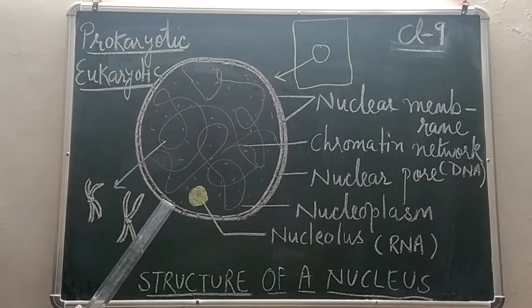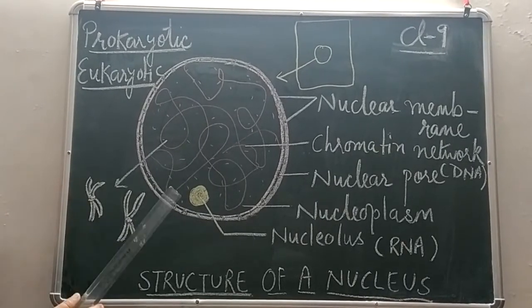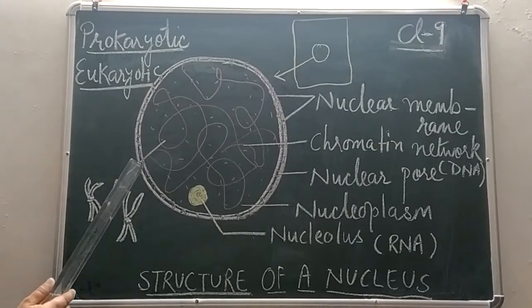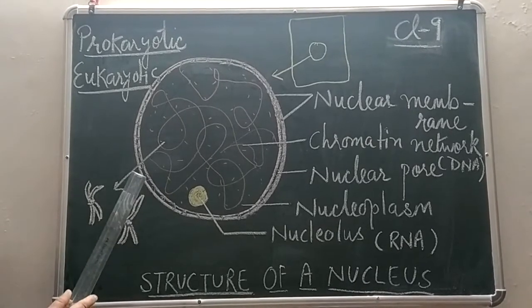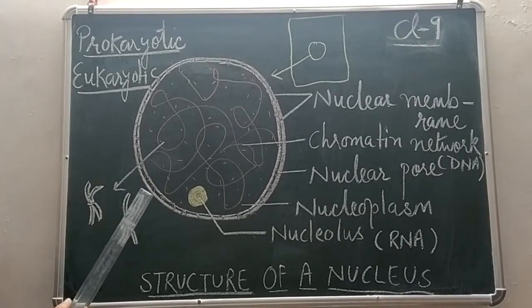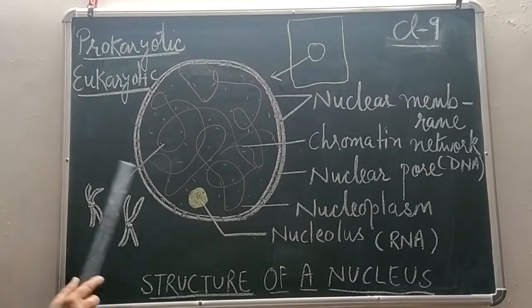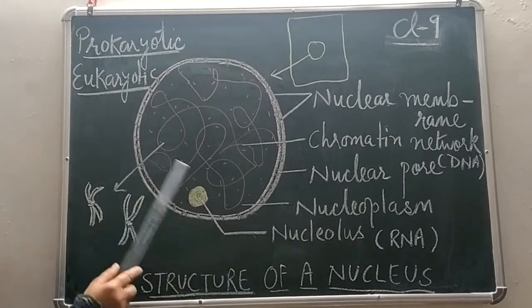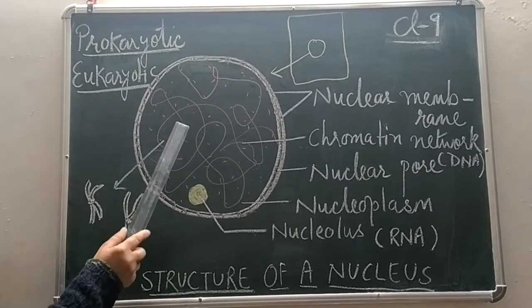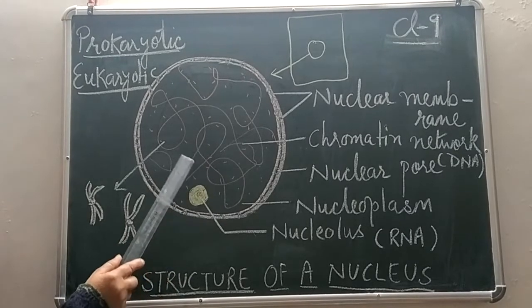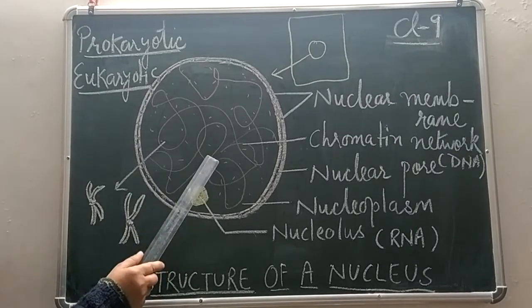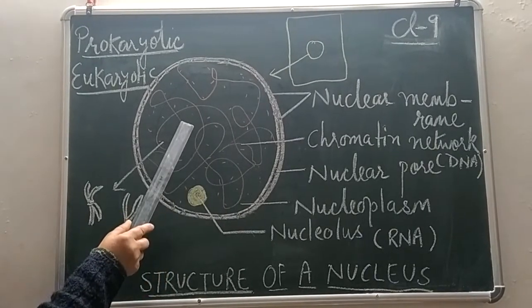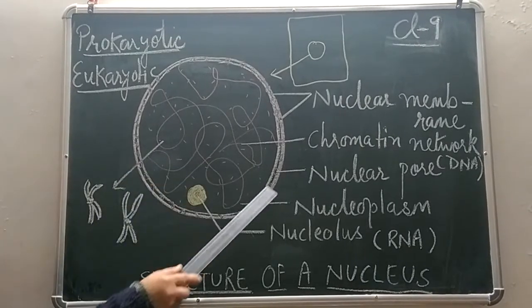The cell of bacteria, single is bacterium. So bacterium is a single celled structure, and in bacterium the nuclear material, that is chromatin material, genetic material or DNA, is present. But this genetic material is not covered by a membrane.